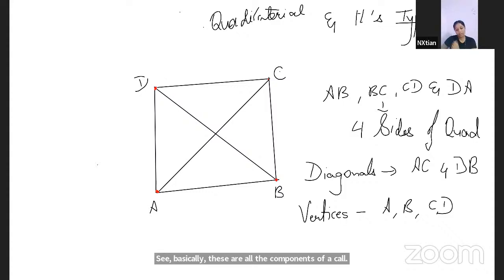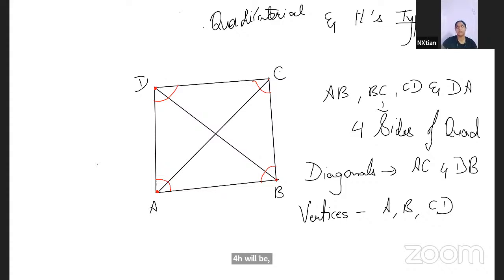Now also in a quadrilateral, we have angles. So how many angles will be there? One here, one here, and four angles will be there in a quadrilateral.